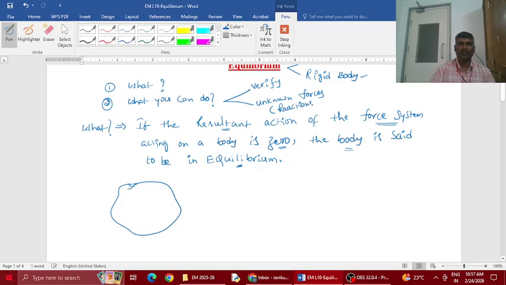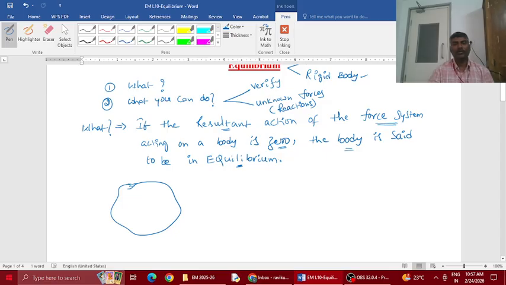We verify the equilibrium, means if you are given a body with some forces acting on it, we see whether the resultant is zero or not.